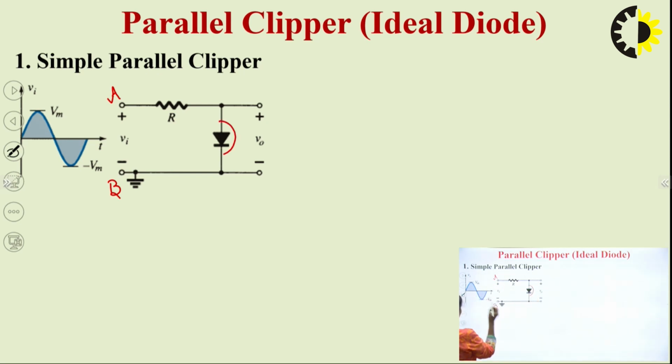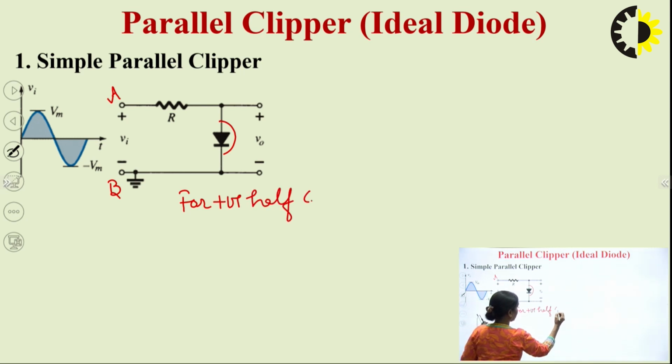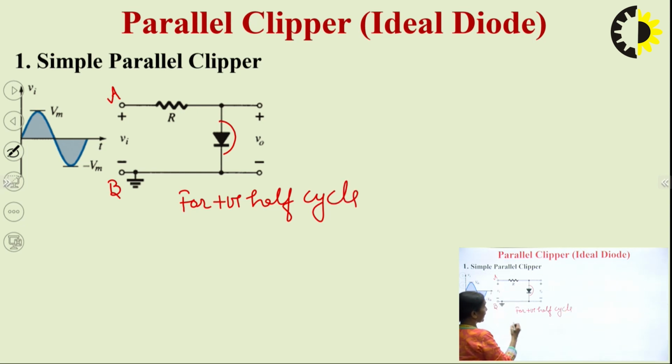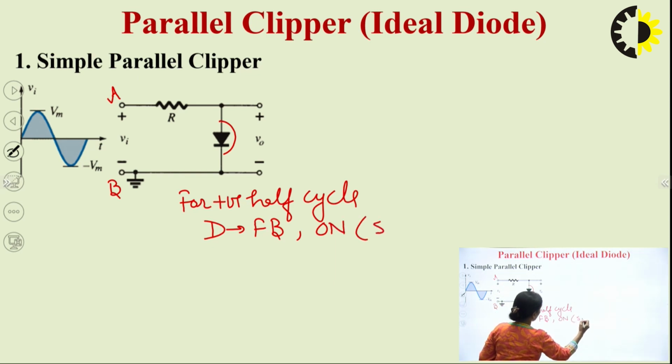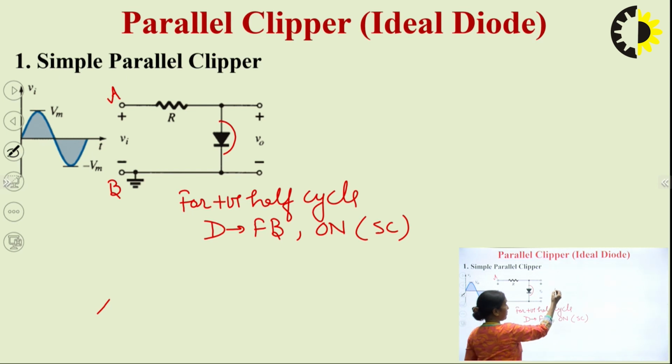For the positive half cycle, the diode is forward bias. That means it is on, or I can say short circuit. If it is short circuit, then V0 will be equal to 0.